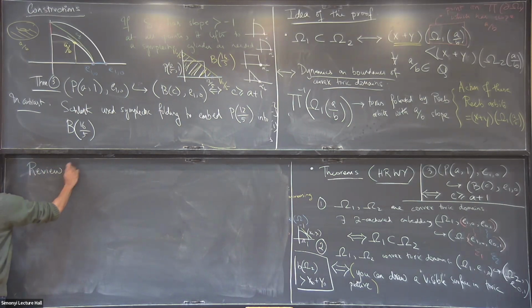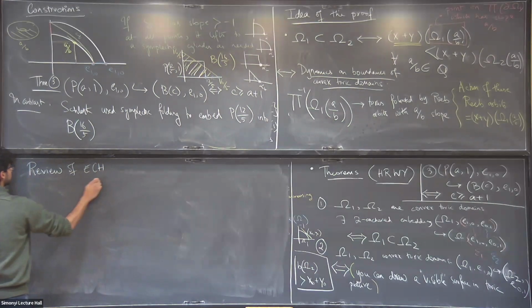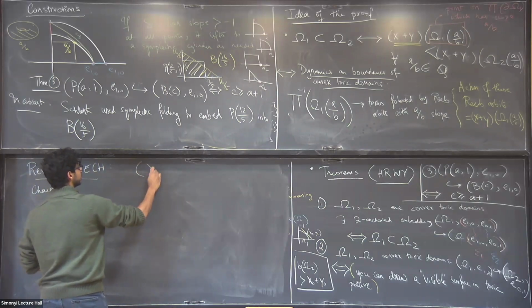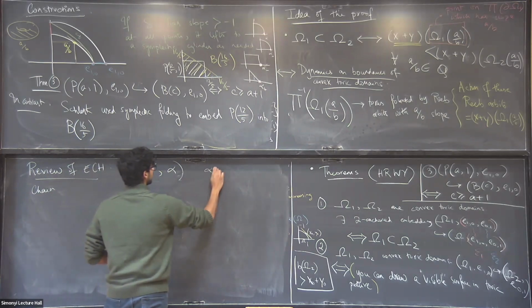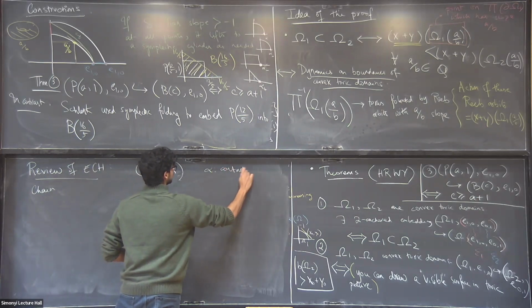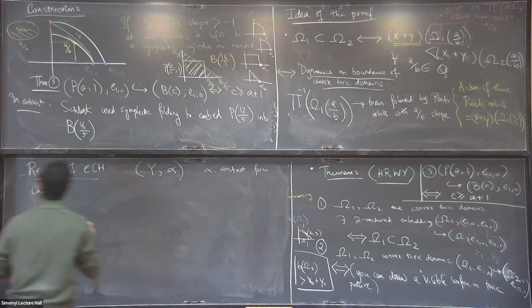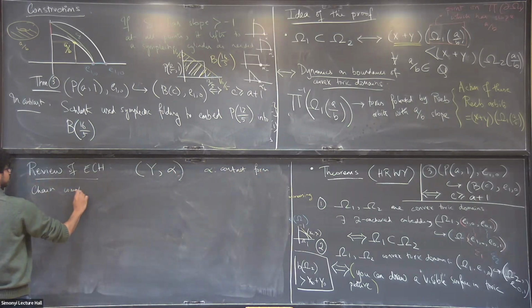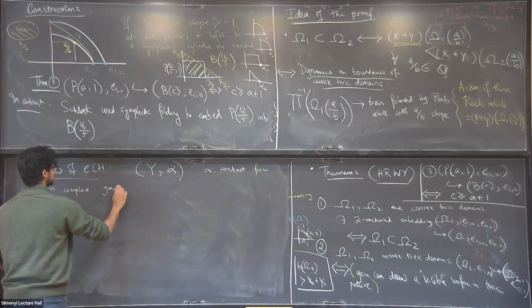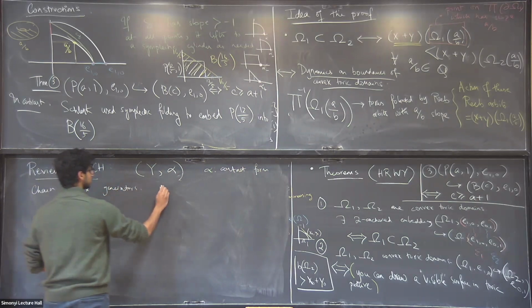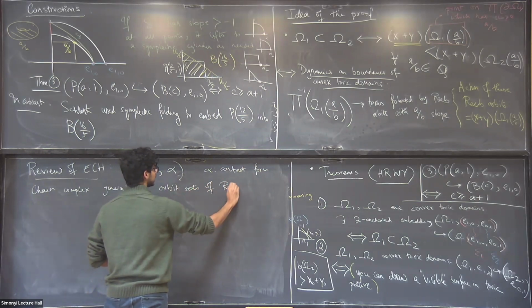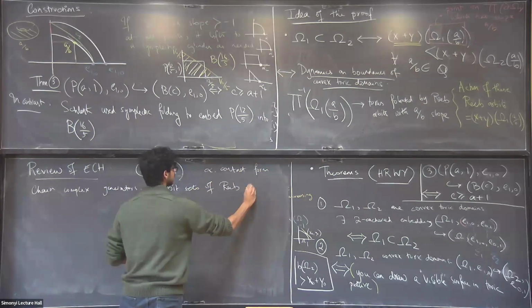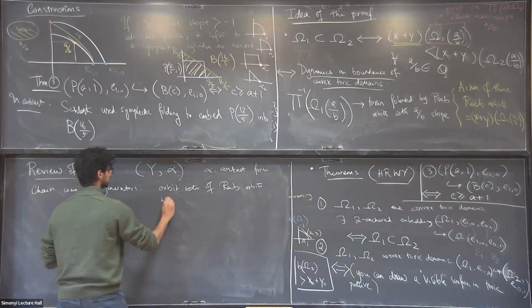So, a review of ECH. The chain complex: your input is some 3-manifold with a contact form. The chain complex is generated by orbit sets of Reeb orbits, sets of Reeb orbits with multiplicities.